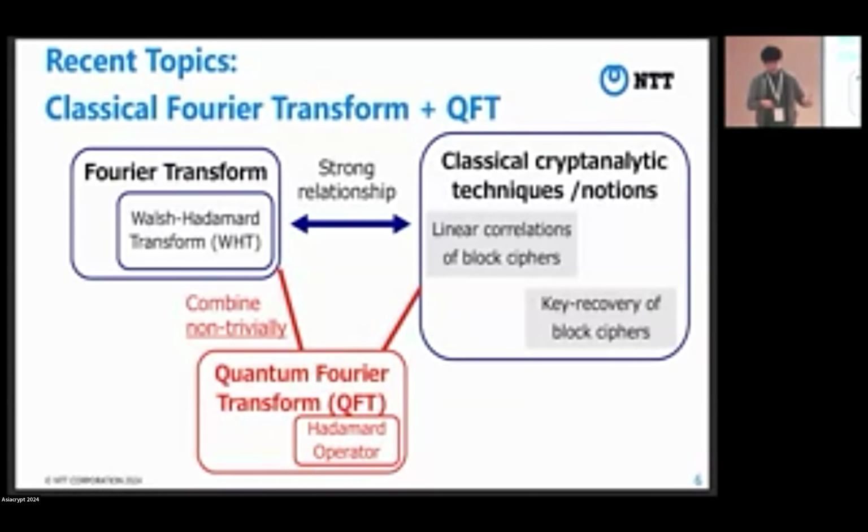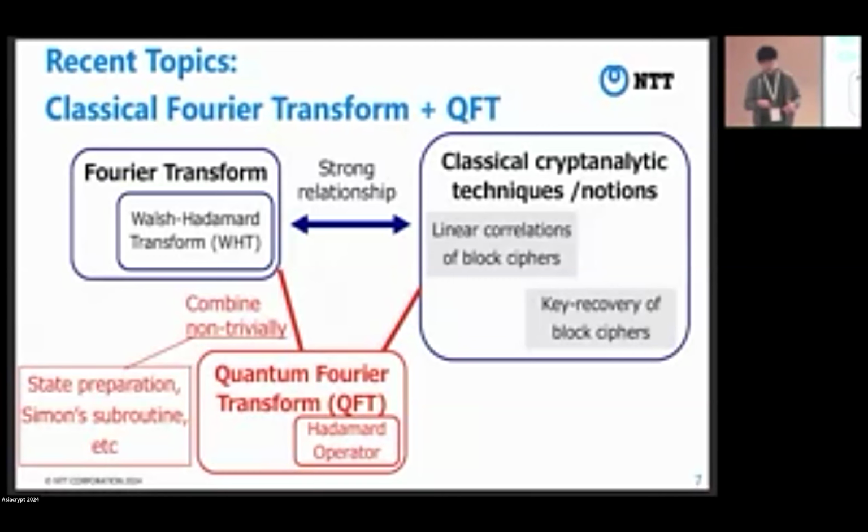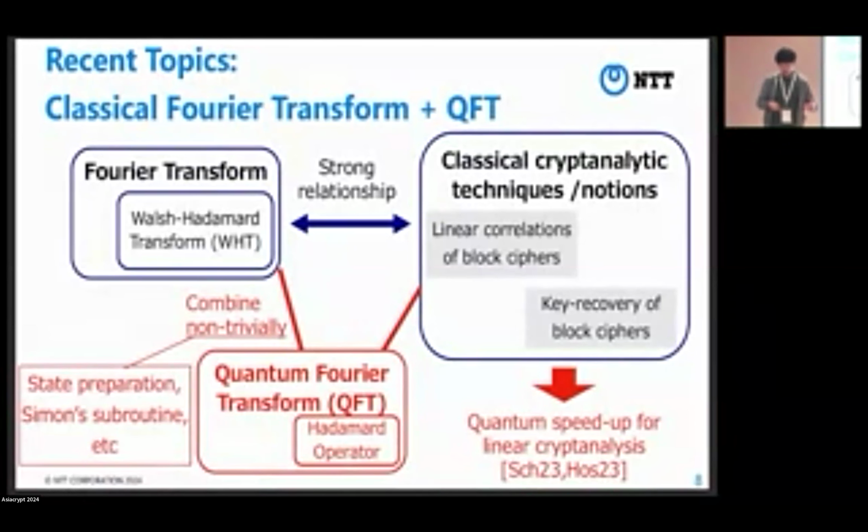And some recent papers tried to connect them with the quantum Fourier transform, or its special version, the Hadamard operator, by using some techniques like state preparation or the subroutine of Simon's algorithm, and so on. And they showed some quantum speedups for linear cryptanalysis. So these are some recent topics.